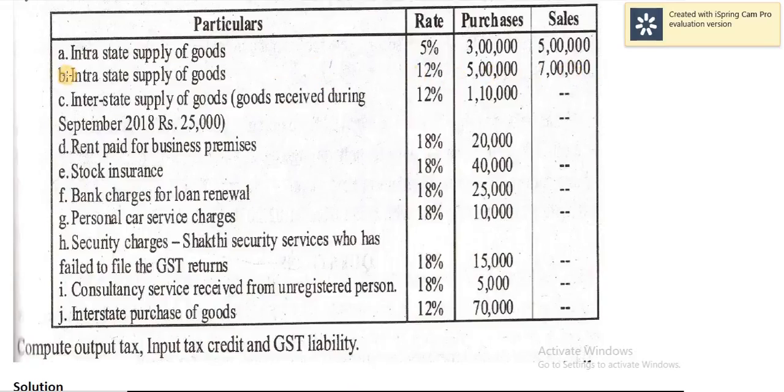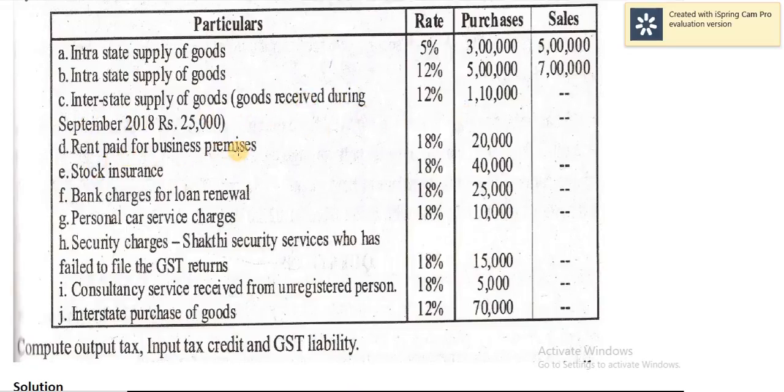Interstate supply of goods, 1,10,000. So it is only inward supply. Since it is interstate, IGST applies, but out of 1,10,000 you have to deduct the goods received during September, next month. That should be deducted.